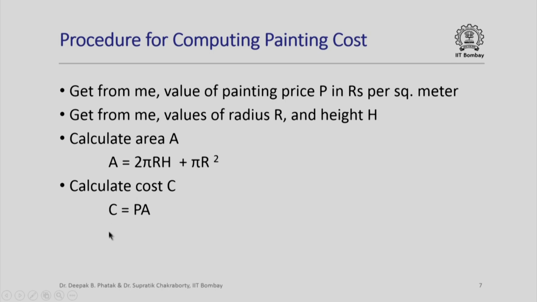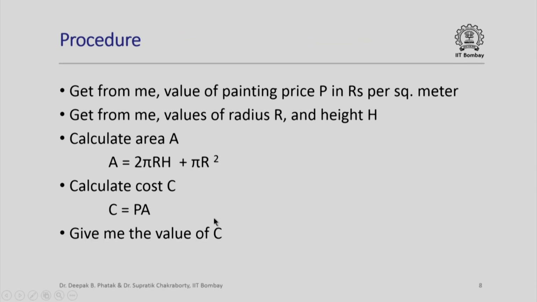Please remember, we asked that person to get from us the values of P, R and H, but we forgot to tell him to give us the value of C which he has calculated. Please note that a complete procedure must contain each and every instruction which will finally get us the value of C. So, look at this procedure now.